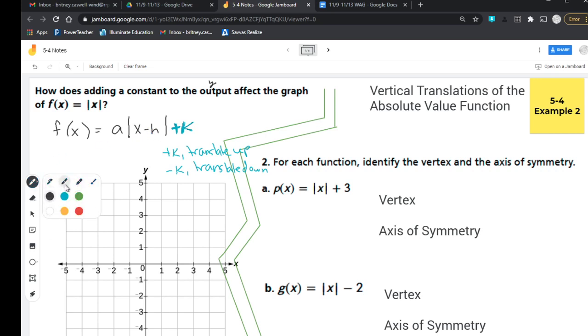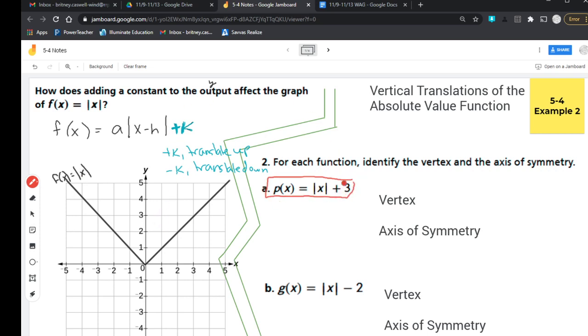So you guys know that the absolute value graph is a V shape, right? So what I'm doing here in black is I'm graphing our parent function. Alright, this is f of x equals the absolute value of x. Alright, so now what I'm going to do is I'm going to graph the absolute value of x plus 3.